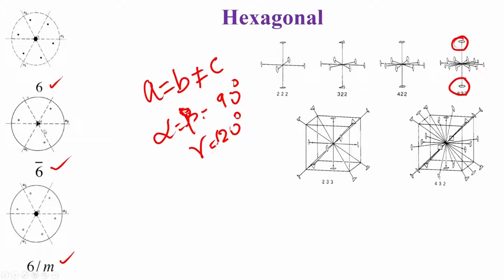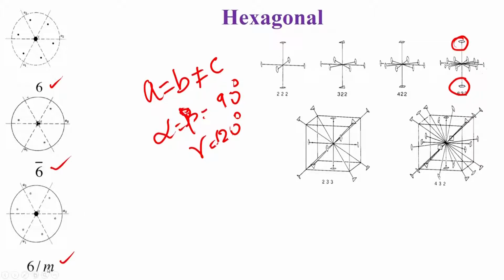Here also there are 6 possibilities, but in the 6 bar symmetry, because of the higher symmetry nature associated with a 60-degree rotation, whereas in the case of the 3-fold rotation it is a 120-degree rotation, you will generate 6 points there, whereas here you generate 3 points up and 3 points down. Effectively, again the 6 points are generated, but they are one on top and one on the bottom.